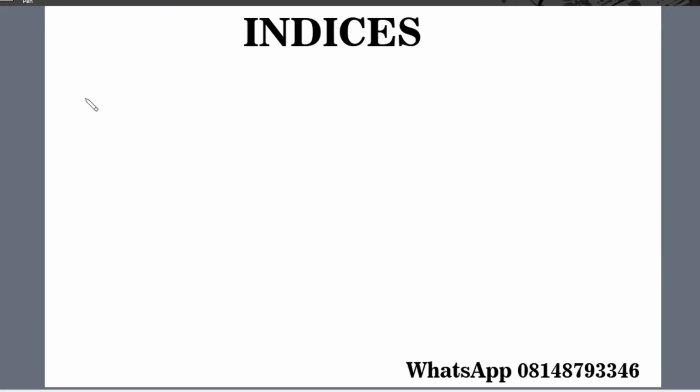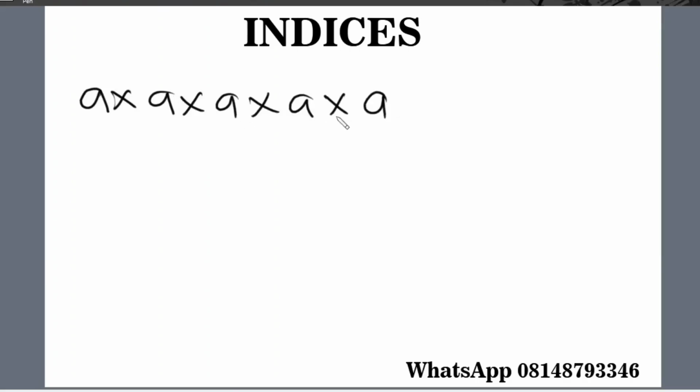Take for instance, a multiplied by a multiplied by a multiplied by a multiplied by a. Let's count the number of a's we have here. We have 1, 2, 3, 4, 5. So we have 5 a's, which gives us a raised to power 5.